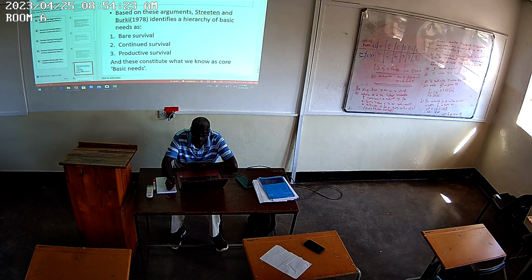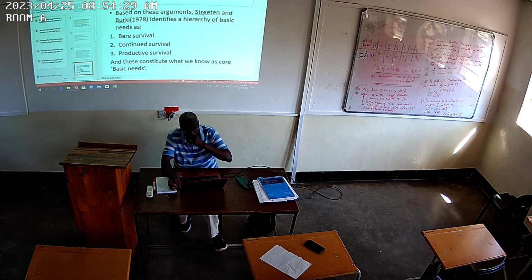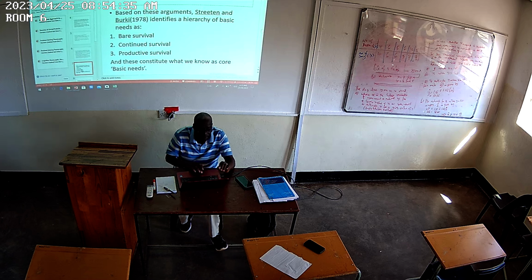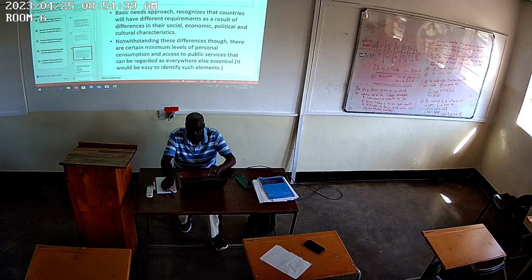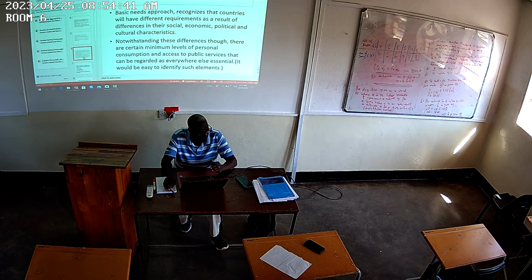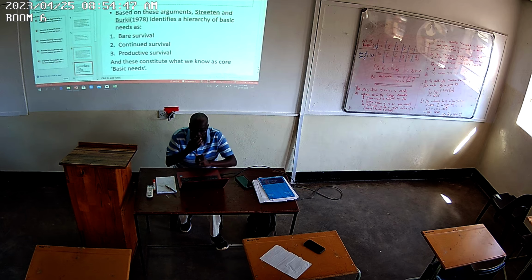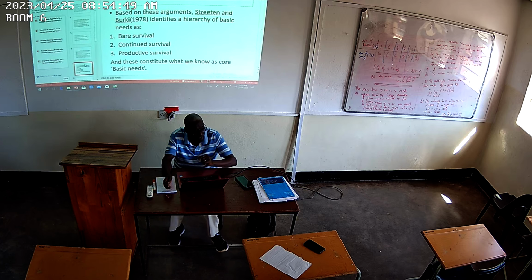And number three, the productive survival type of basic needs. So basic needs can be viewed from these three angles. And given that, the social, economic, political, and whatever it is will actually translate into how you understand these three basic needs here.